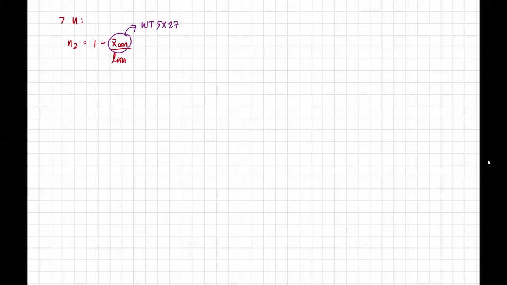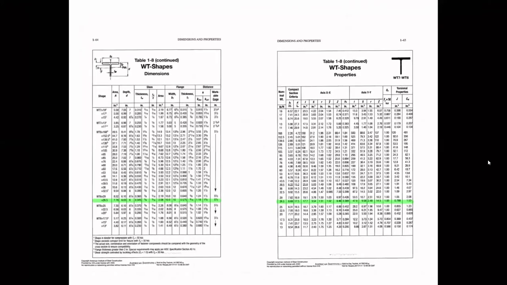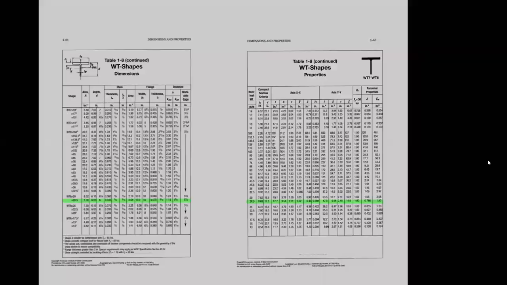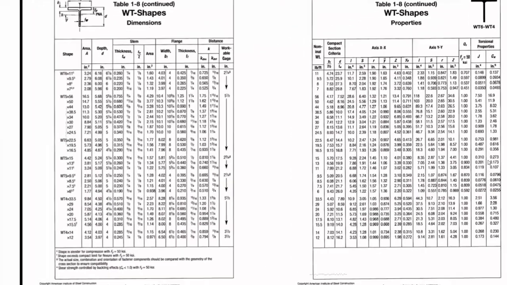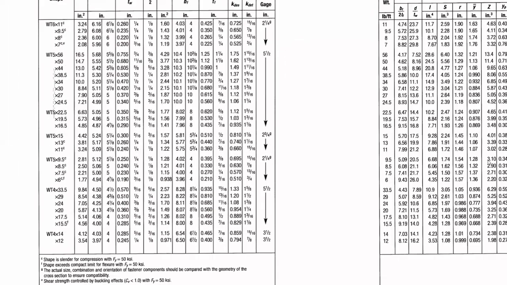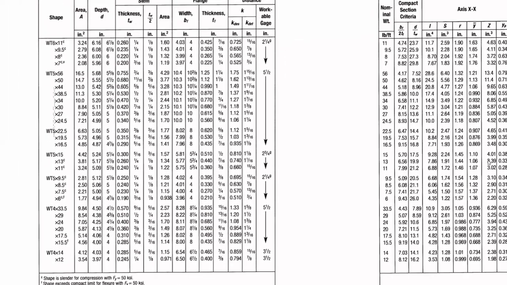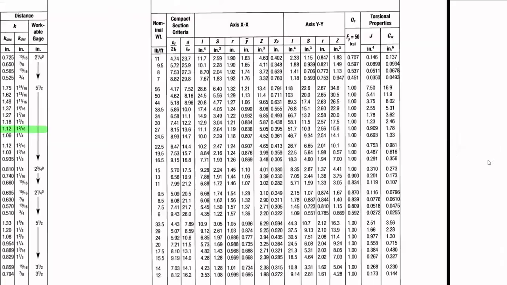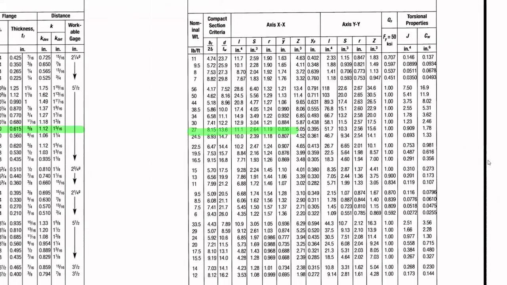Looking at WT shape, okay, this is our WT shape. So hanapin natin si 5 by 27. 5 by, yes, 5 by 27. So 5 by 27 is this one. Also this. Okay.